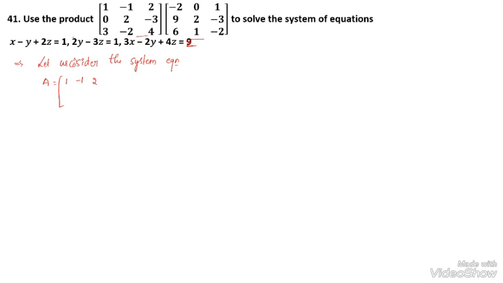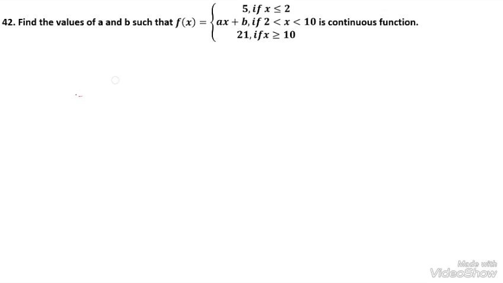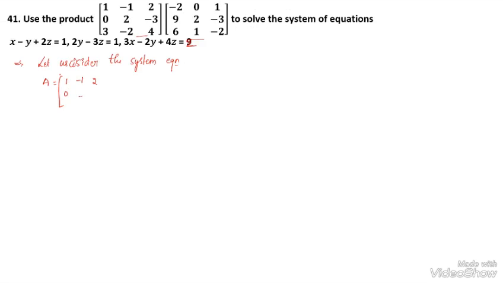Here x is not present in the second equation, so I take 0, then 2 and minus 3. Similarly 3, minus 2, 4. Now similarly I am taking the B matrix. The resultant values are 1, 1, 2, and the X matrix contains x, y, z.